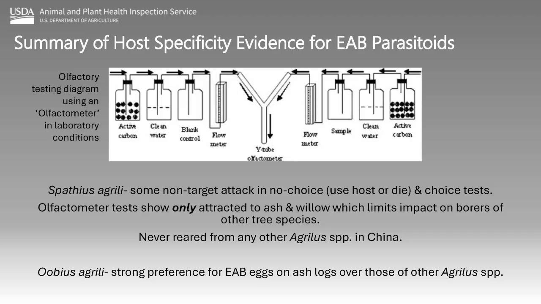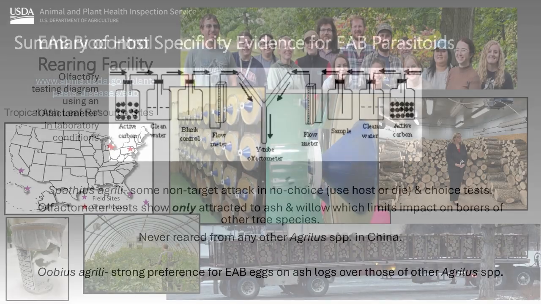The long and the short of it is that these two agents had the most complicated results, but ultimately these tests combined with tests outside the lab in China showed that these were safe to release, and they went through the entire National Environmental Policy Act process before they were permitted.